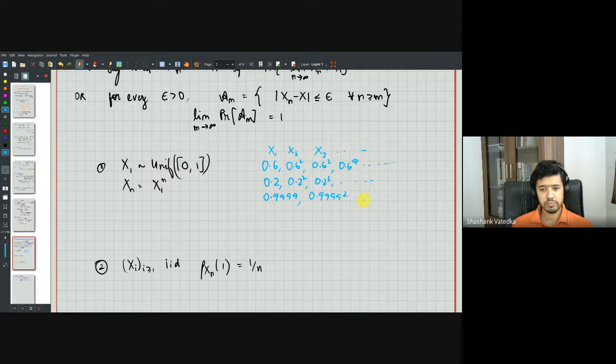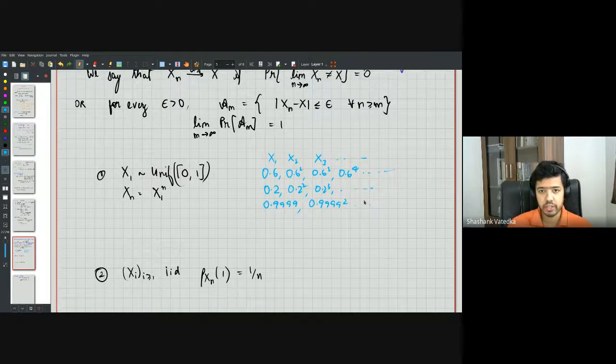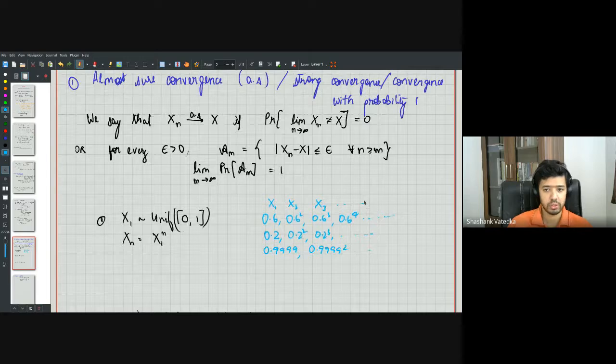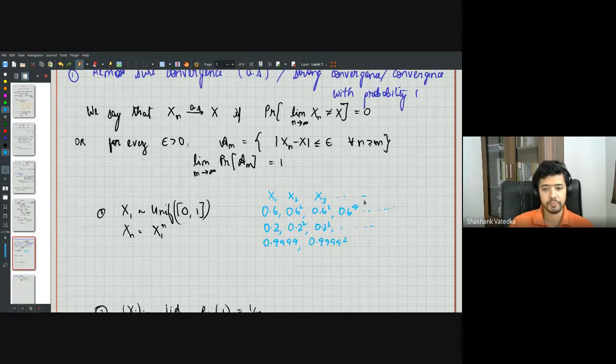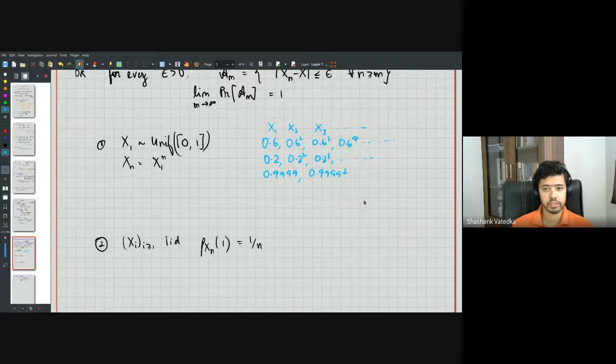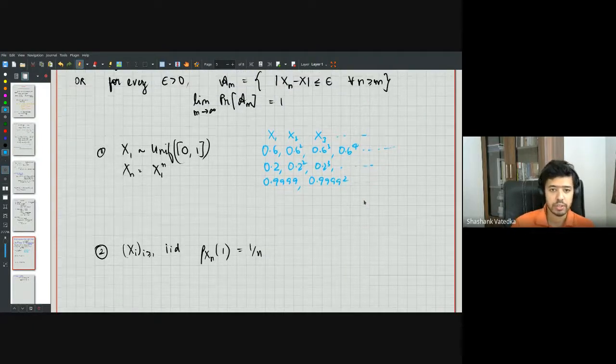So no matter what you start with, it will eventually converge to 0. But it doesn't necessarily mean that the sequence of random variables converges almost surely. It seems to converge, but we are not sure if it converges almost surely. So let us look at the definition and see whether this sequence of random variables satisfies it.